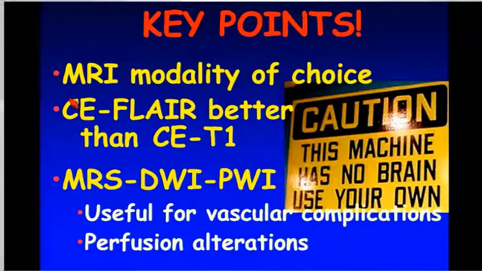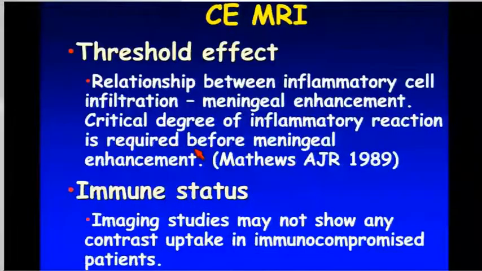If contrast is given, we always just do the T2 FLAIR in the first post-contrast position, then go on to the T1. It serves as a nice complement to the T1, and it's for this reason that we like to have it in there for infection. And because the contrast-enhanced T2 FLAIR is better than a contrast-enhanced T1 or gradient echo particularly.